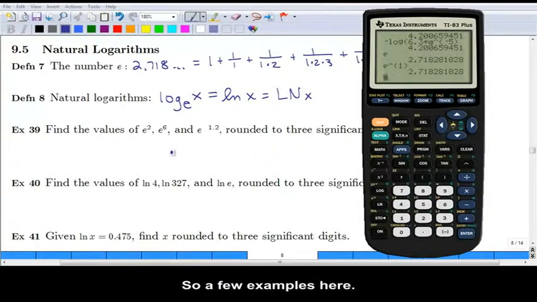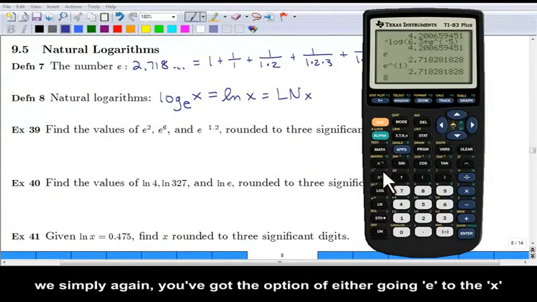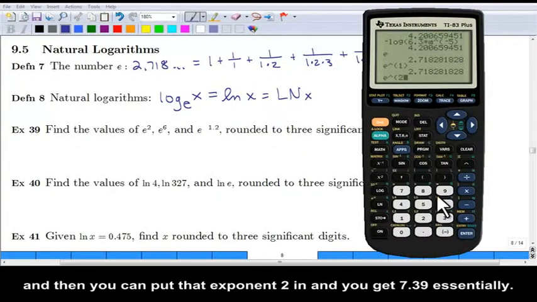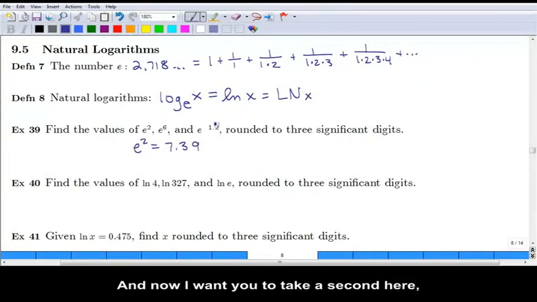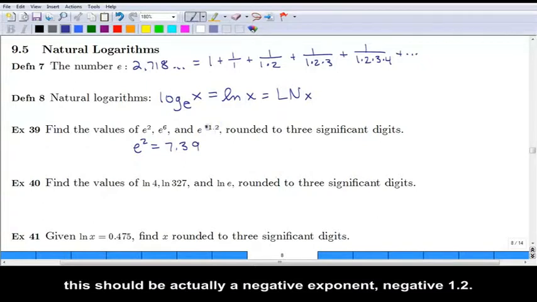So, a few examples here. If we want to find e squared, you've got the option of going e to the x, and then you can put that exponent 2 in, and you get 7.39 essentially. And now I want you to take a second here. This should actually be a negative exponent, negative 1.2.